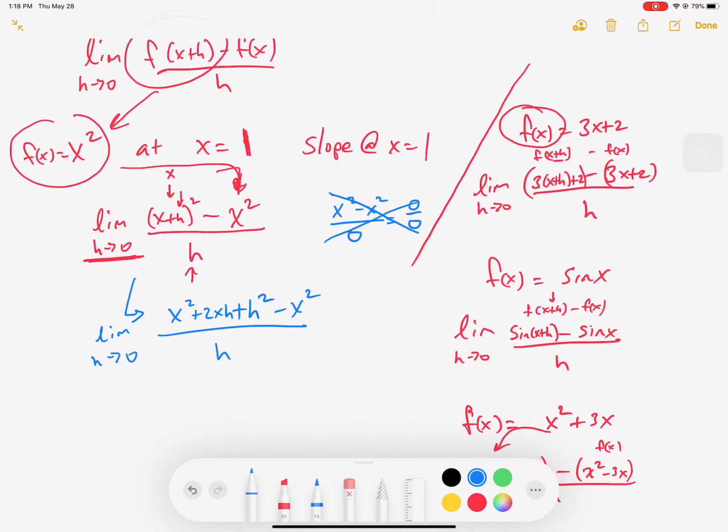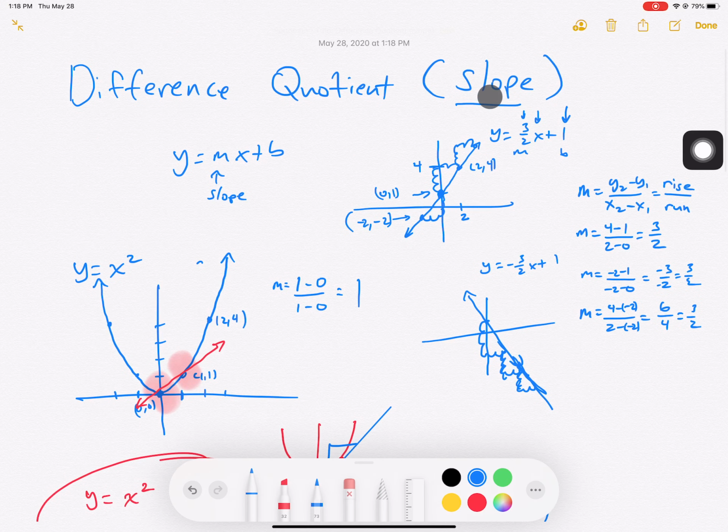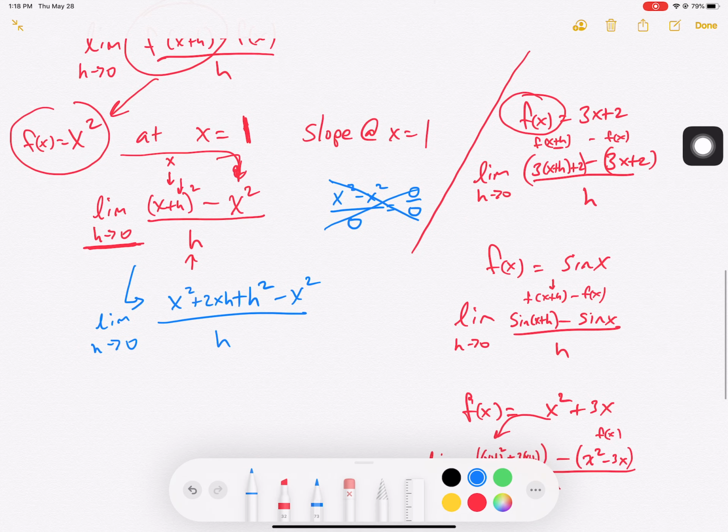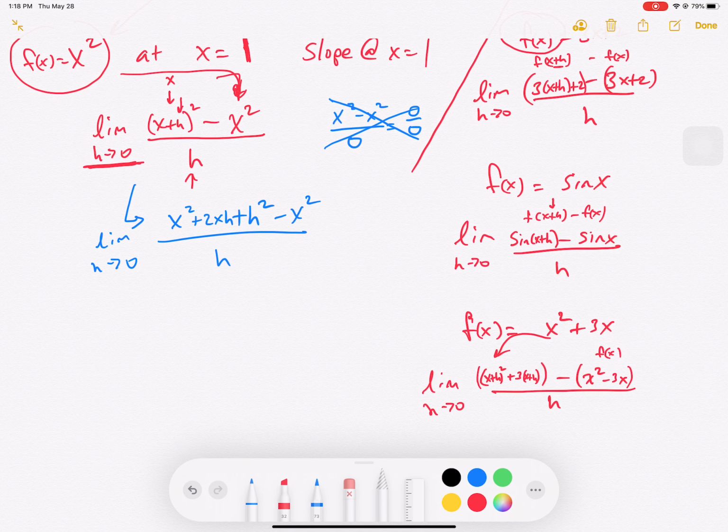Look at the top for me. Do you guys notice anything that will cancel out? I see the x squareds. So we're going to be rewriting this.